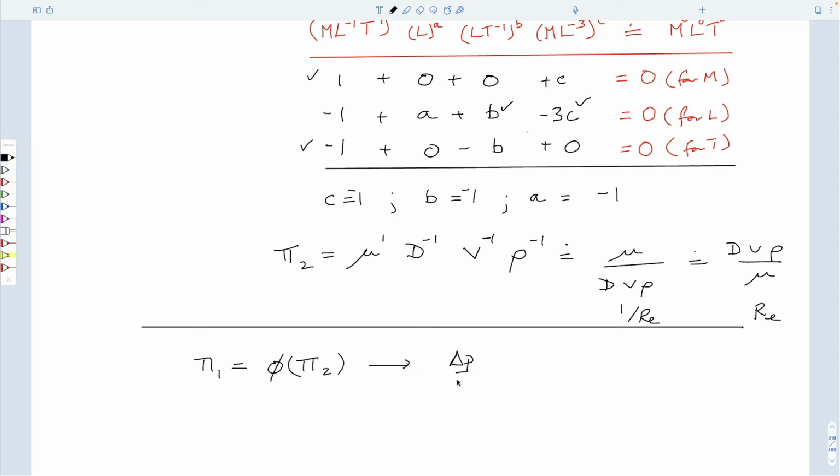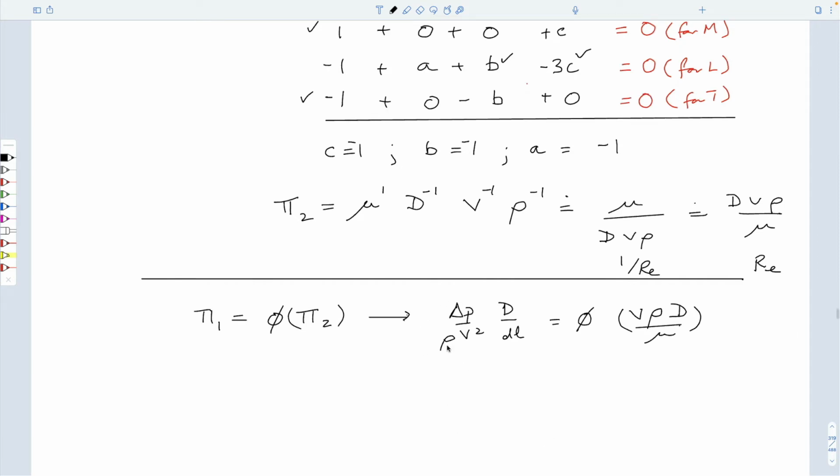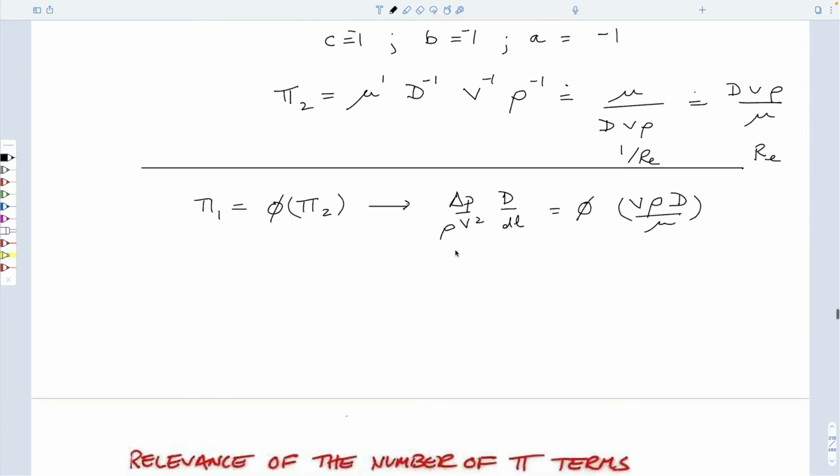Delta P over rho v squared, d over dl we called it, equals some function of v rho d over mu. And so we know that Euler number is going to be in some way connected to Reynolds number.